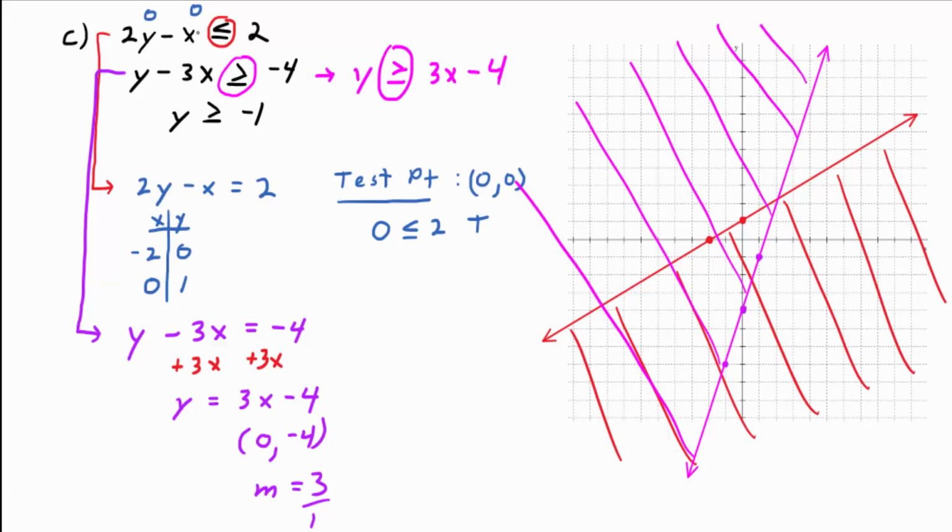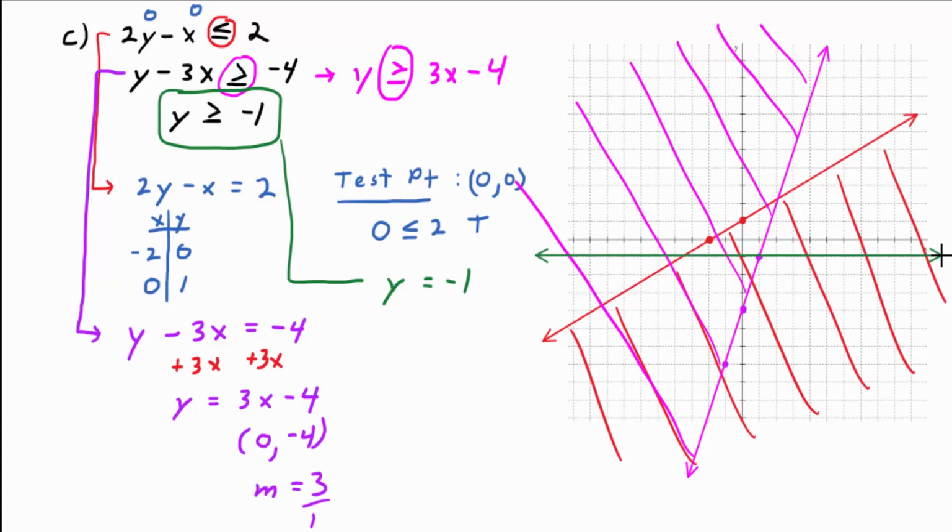And then we've got one more to plot. We've got y is greater than or equal to negative 1. The related equation is y equals negative 1, which you know is a horizontal line at a height of negative 1. So I'll use my line tool to plot that. And that will also be a solid line because of the or equal to part. All of these are solid lines because of the or equal to part.